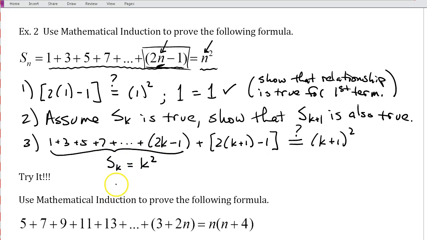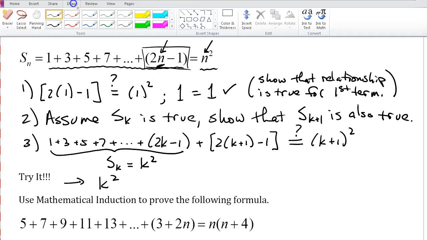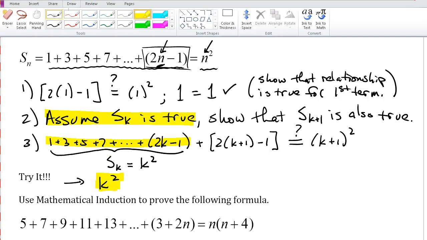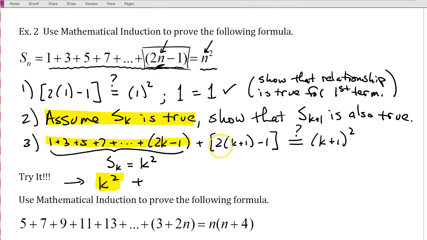So our next step here, let me highlight that, all of this is k squared because we're assuming S sub k is true, plus, let's do a little simplifying here, that's going to be 2k plus 2 minus 1, so that's 2k plus 1, and we want to still figure out if this is equal to k plus 1 squared.